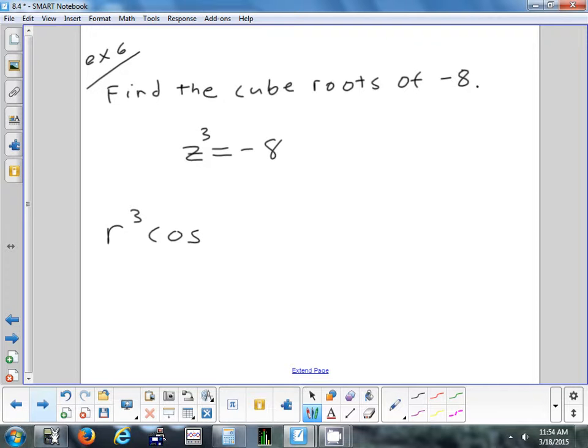Brianna, what would my angle be? So it'll just be a number and then theta. So think about the power you're raising to is what? 3. So you're multiplying the angle by 3. Cosine 3 theta.